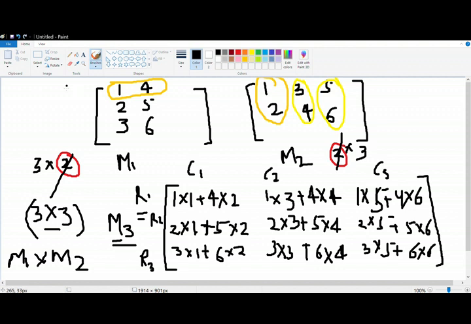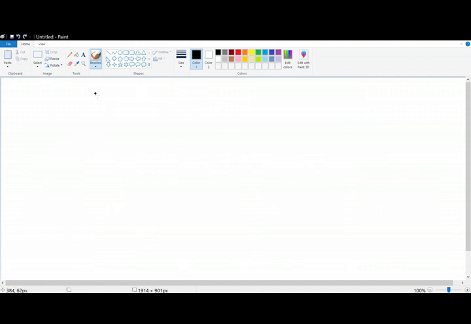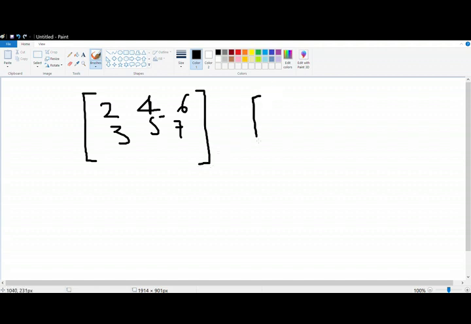But suppose the matrix is like this: 2 3, 4 5, 6 7, and the second matrix is 1 2 3 4 5 and 6.